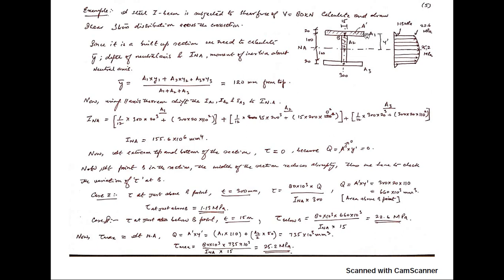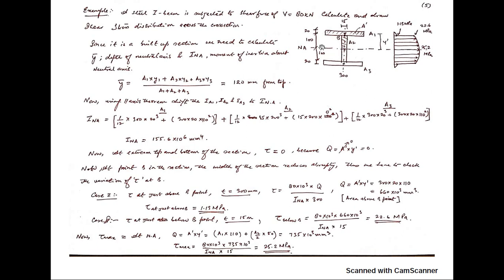For A1, y1 will be the distance from the CG of A1 to the neutral axis, and for A2, y2 will be the distance of the neutral axis from the CG of this small half A2 area. So this is how you can calculate: A1 into 110, and A2 by 2, because A2 was the whole area, so it is half into 50.